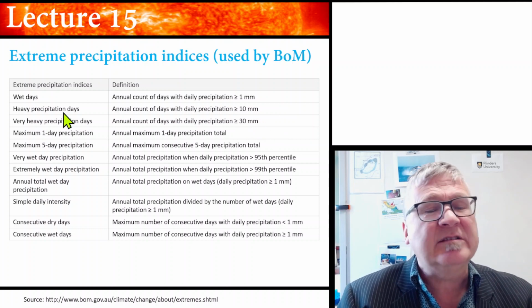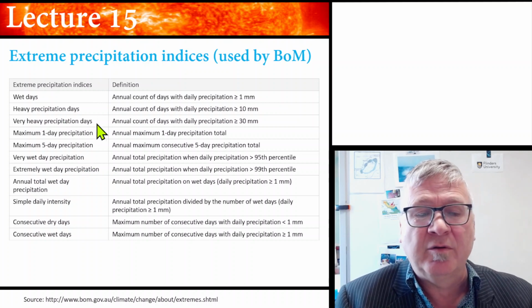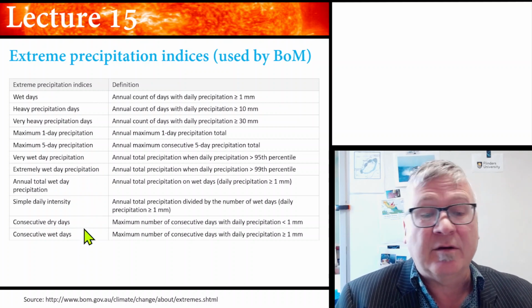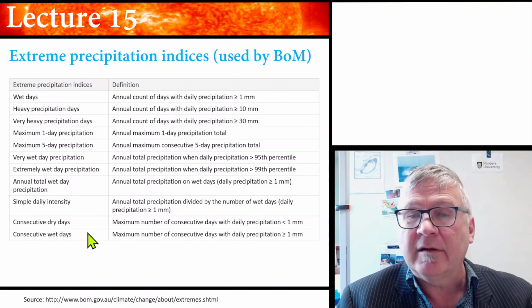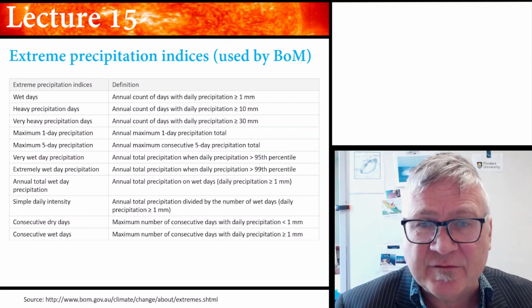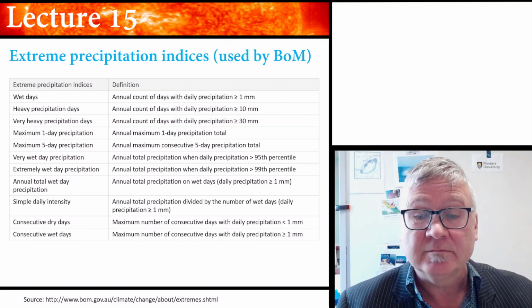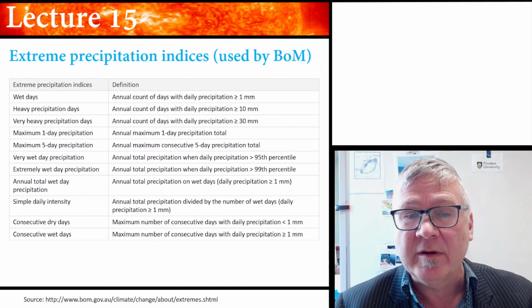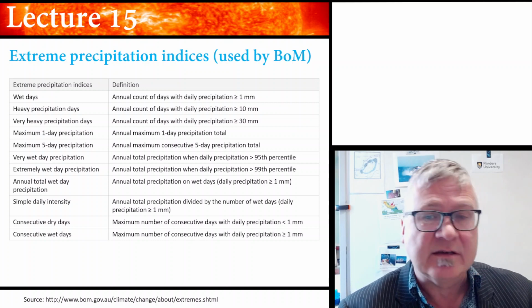And some others: very wet day precipitation, extreme wet day precipitation, consecutive dry days, consecutive wet days. So how many days in a row did you have precipitation less than 1 millimeter, or exceeding 1 millimeter? On the basis of that, you can do the statistics.